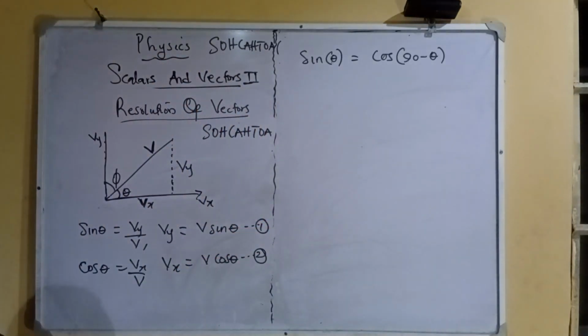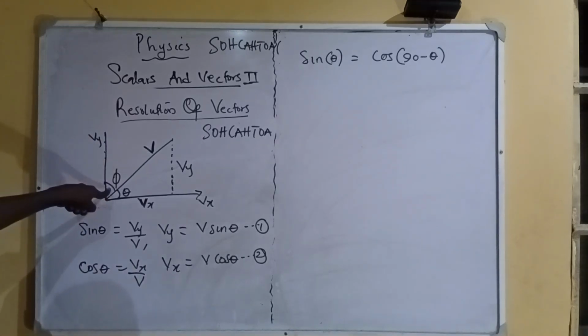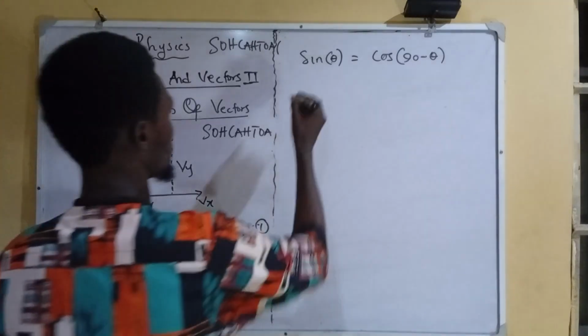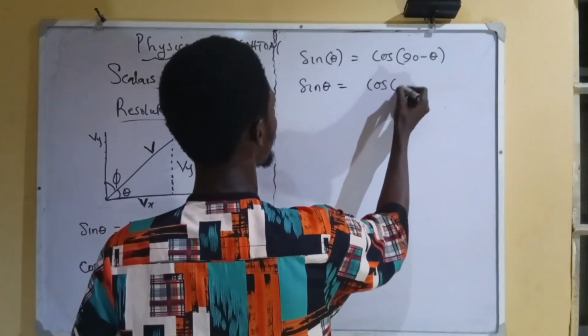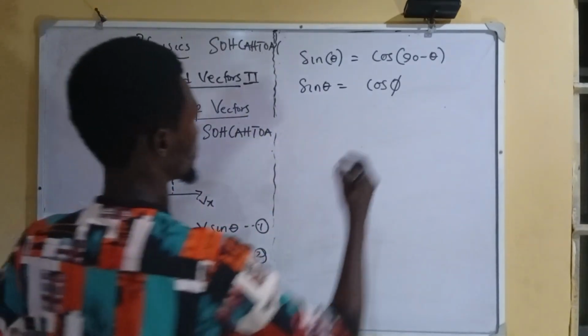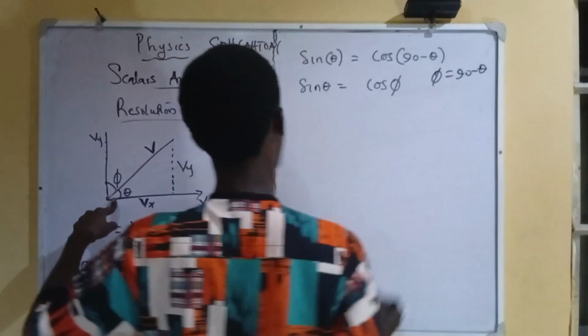So if the angle is given from the vertical, sine theta automatically equals cos of 90 minus theta.